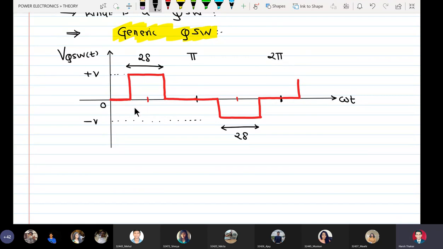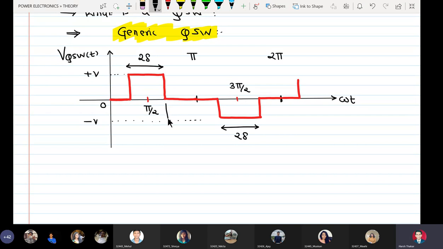So if this is pi and this is 2 pi, this is pi by 2, and this is 3 pi by 2. So if this span is 2 delta and it is symmetric about pi by 2, this span is again 2 delta symmetric about 3 pi by 2.